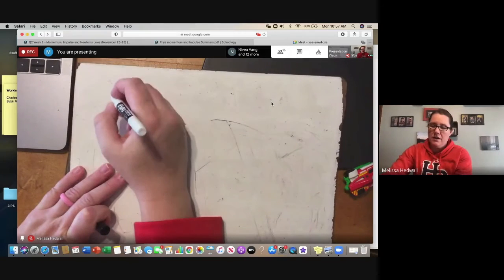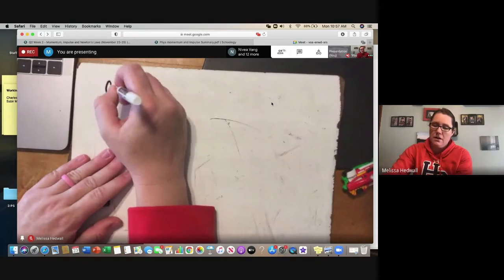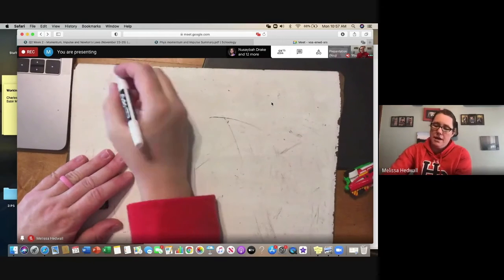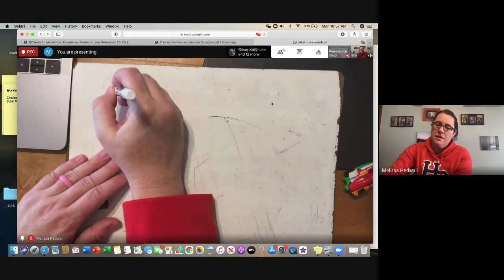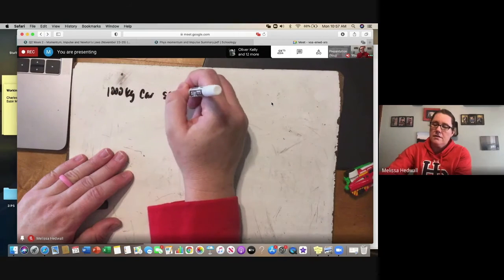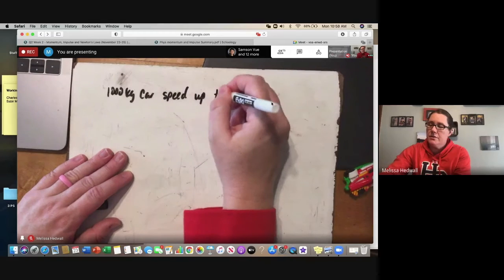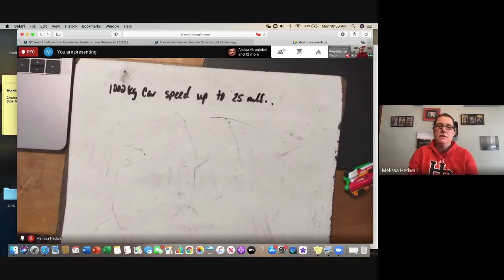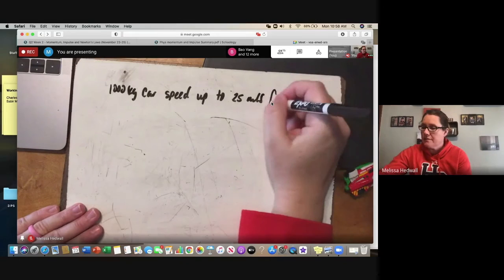We're going to have a car. Say, I don't know, a 1,000 kilogram car speeds up to 25 meters per second. Regular car, regular speed, nothing fancy. We'll say from rest.